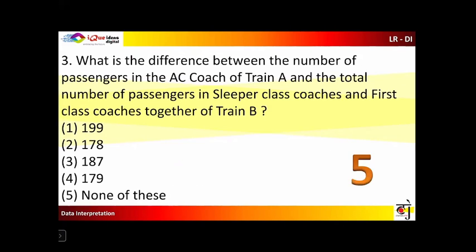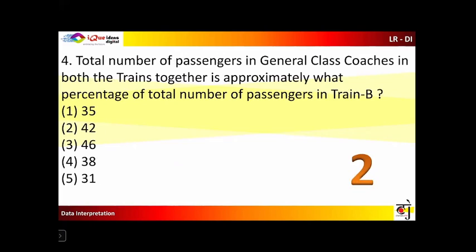So if you get 42 roughly, the answer should be roughly 42%.